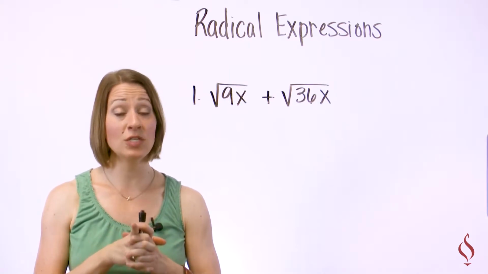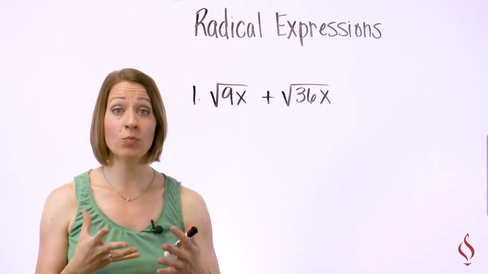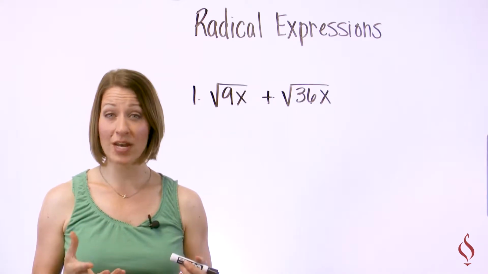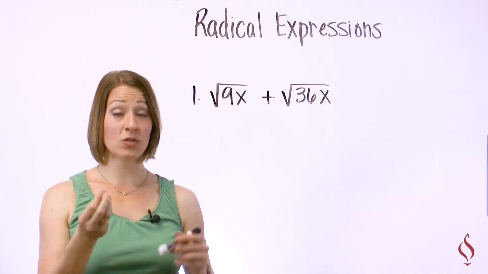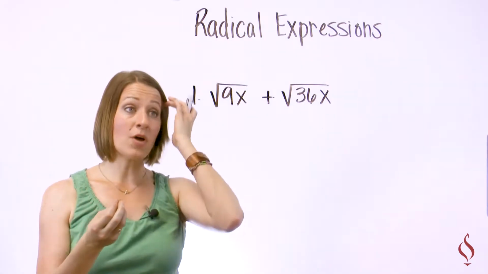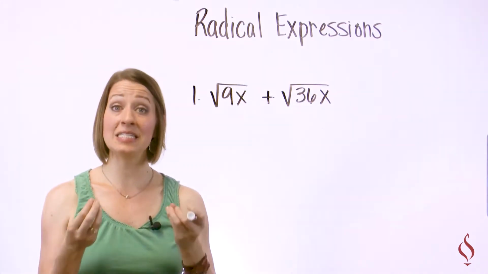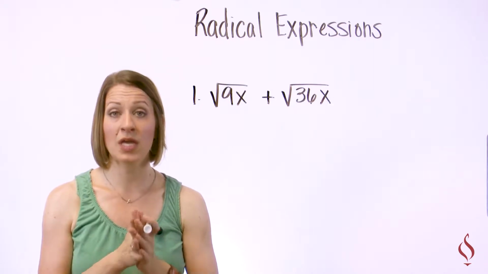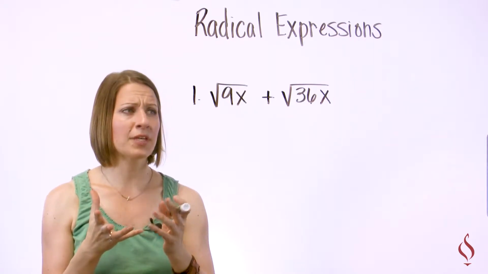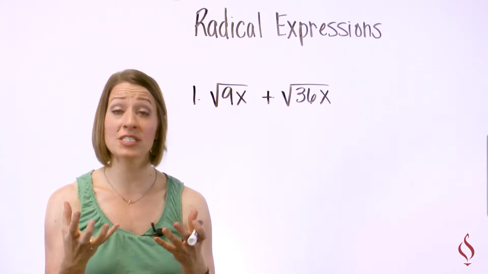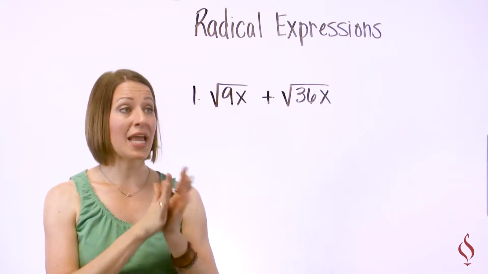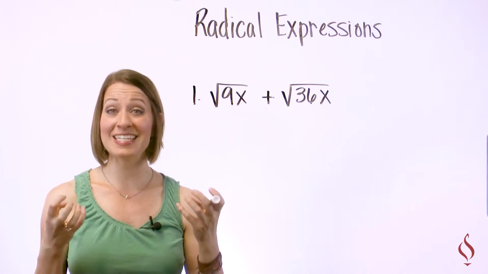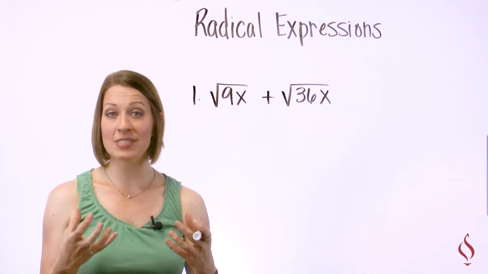Now the main thing you need to know when you're adding or subtracting radicals is that the expression under the radical, the number underneath the radical, needs to be the same. Kind of like how fractions need to have common denominators, when we add and subtract radicals, they need to have common radicals.